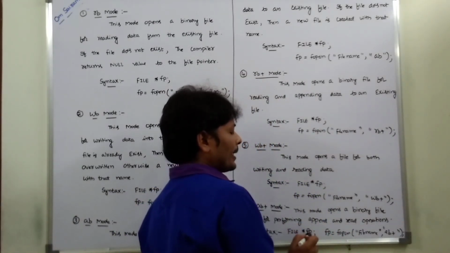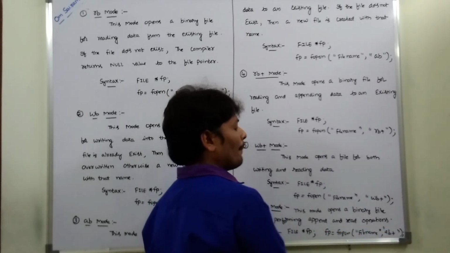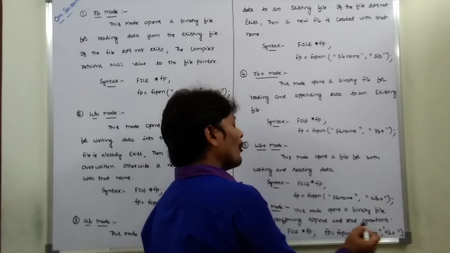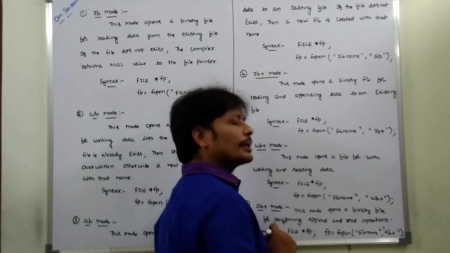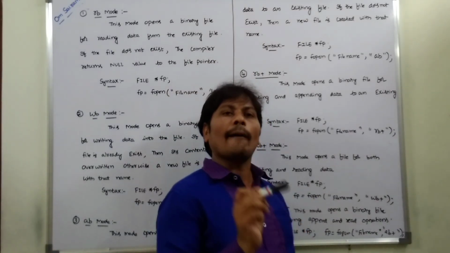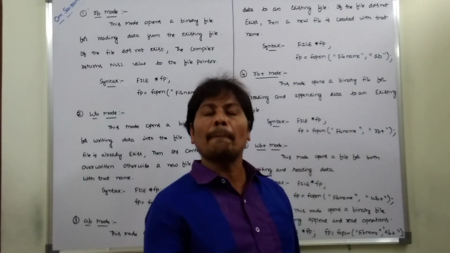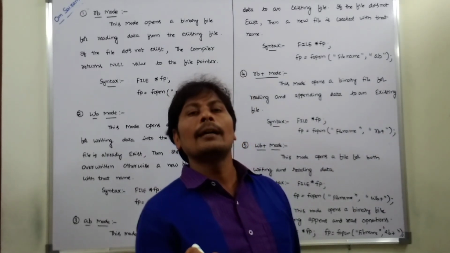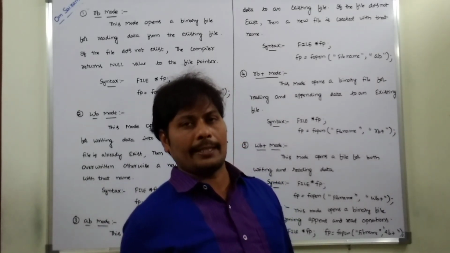The syntax is file pointer fp, fp is equal to fopen file name ab plus. This mode opens a given file for performing both append and read operations. If the file already exists, then we add some data to the file and perform the read operation after that.